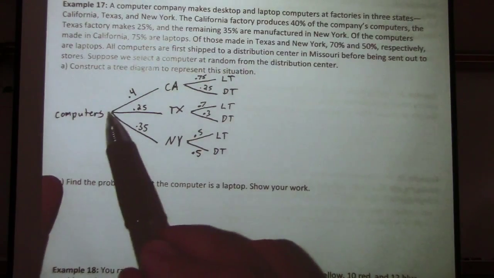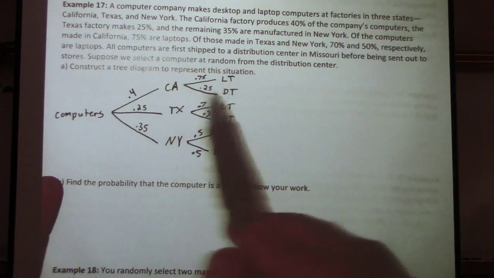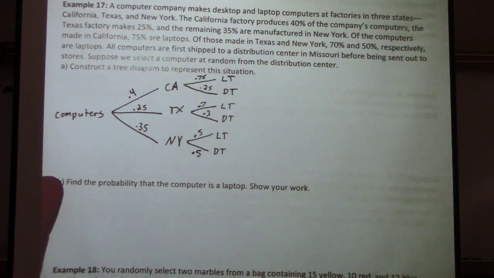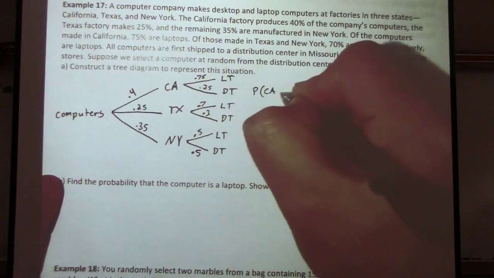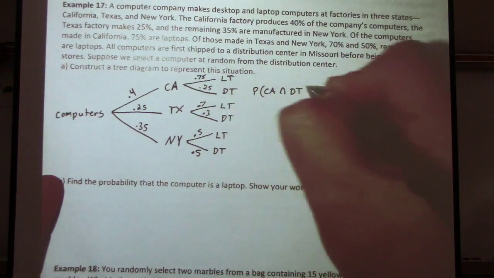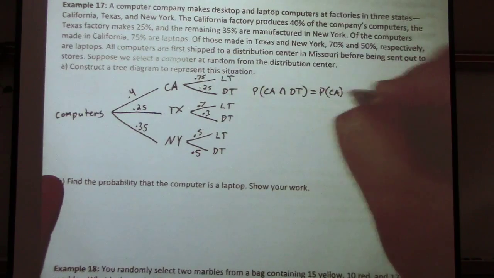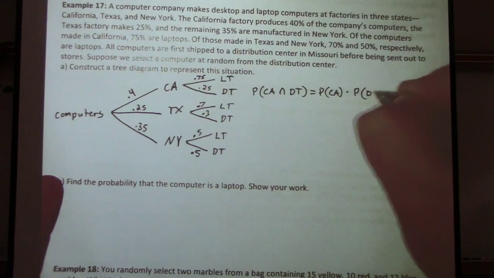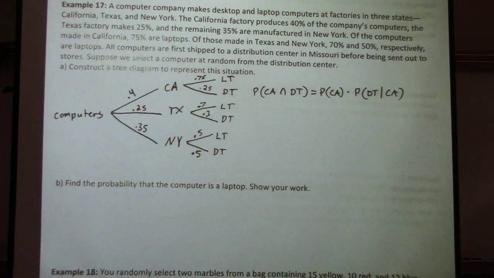So what you do is you go California and desktop, and you multiply these 2 probabilities. So the probability of California and desktop equals the probability of California times the probability of desktop given California. This is called the general multiplication rule, and it works for independent or dependent events.